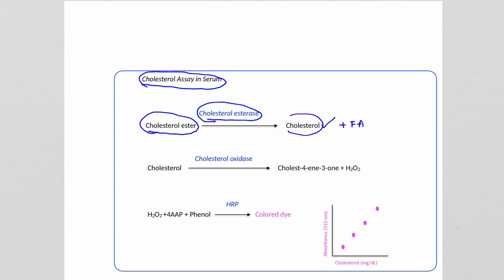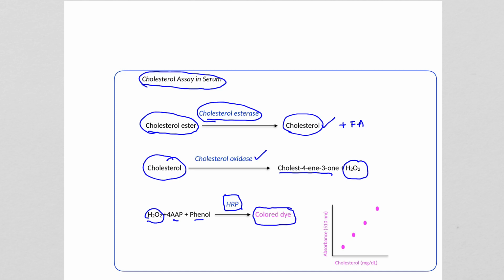Now this cholesterol, as well as the cholesterol found in the serum, is then acted on by another enzyme, cholesterol oxidase, which oxidizes the cholesterol into this product, and we get hydrogen peroxide formed. In the next step, the hydrogen peroxide reacts with suitable chemicals in the presence of another enzyme, horseradish peroxidase, and we get a colored chemical, or colored dye, formed.